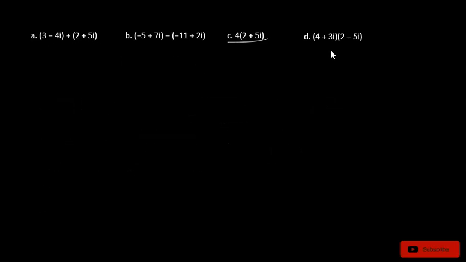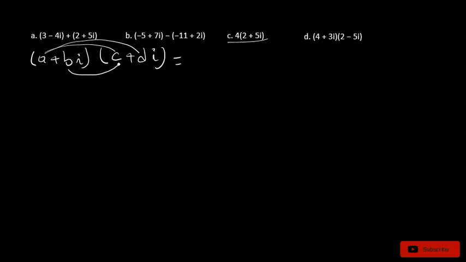Now we're going to talk about how to multiply two complex numbers. If I have a plus bi times c plus di, this is equal to what? We're going to use the FOIL method, which means we're going to do a times c, a times di, then bi times c, then bi times di.